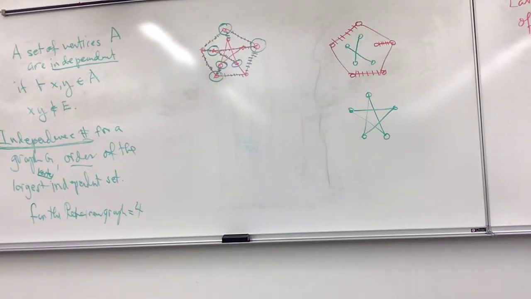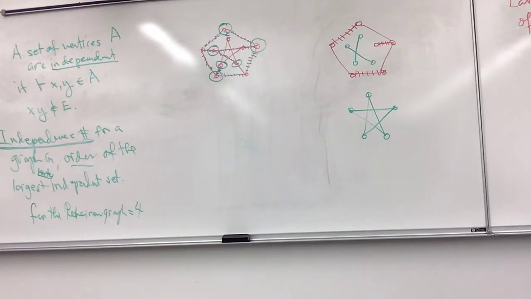Edge cover. Okay, so an edge cover F is a set of edges so that every vertex is incident. What does incident mean?